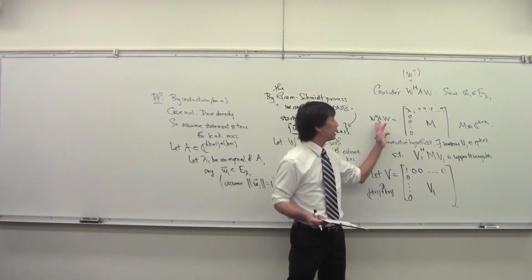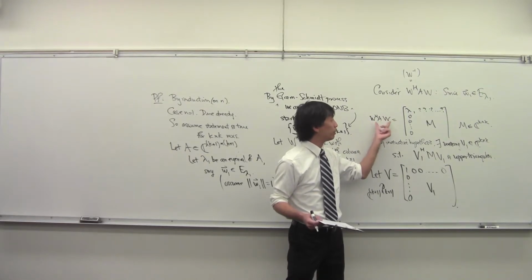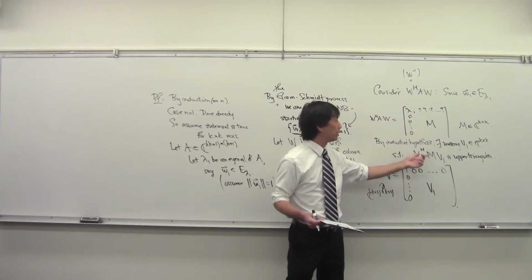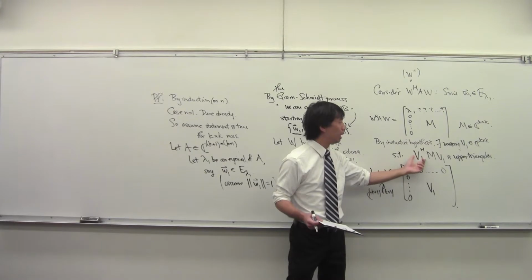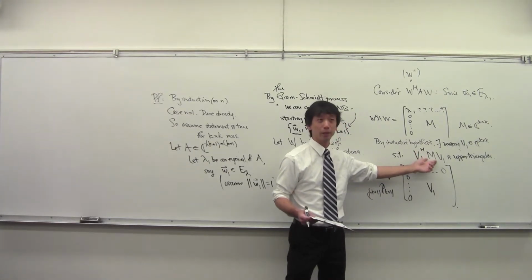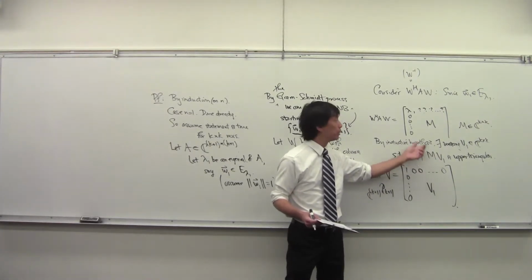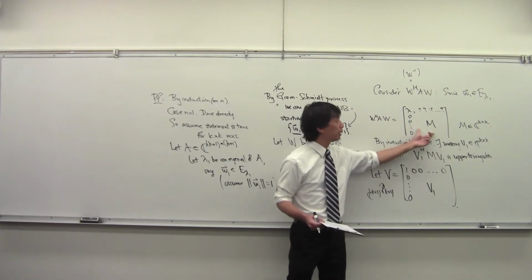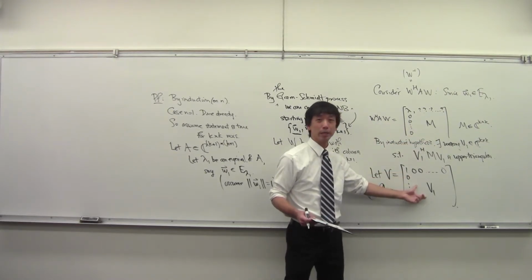If we conjugate A by W, we get this thing. If we conjugate M by V1, it's upper triangular, right? So let's take this thing and conjugate it by this guy.